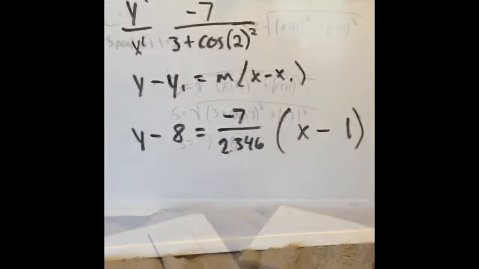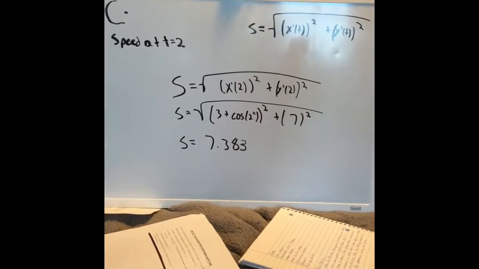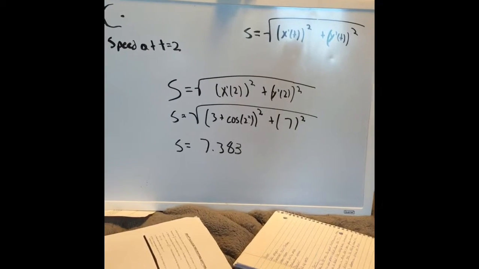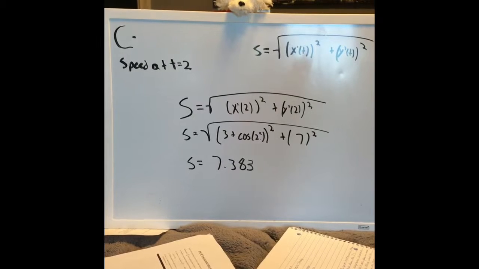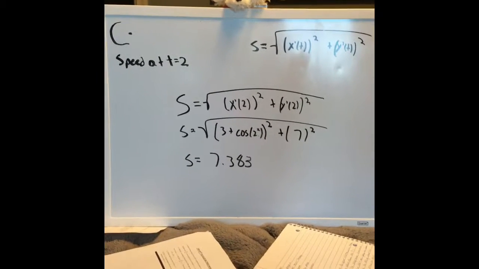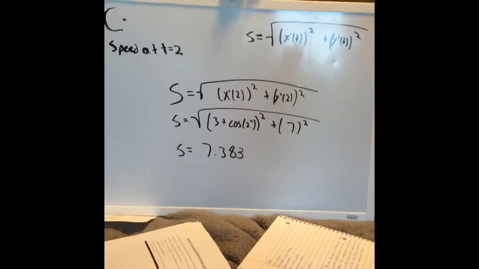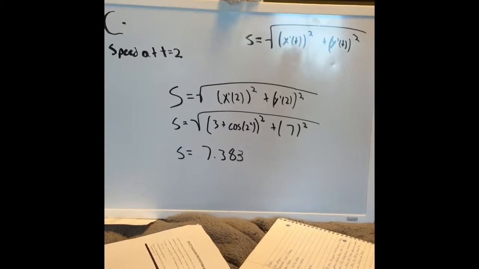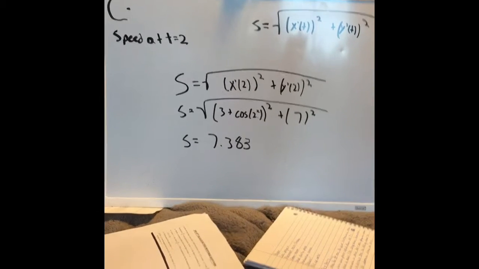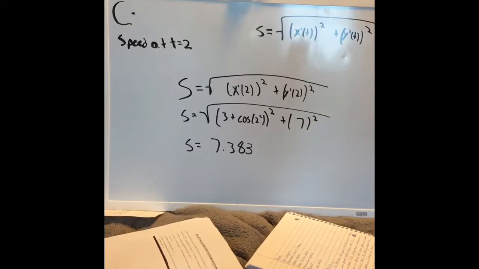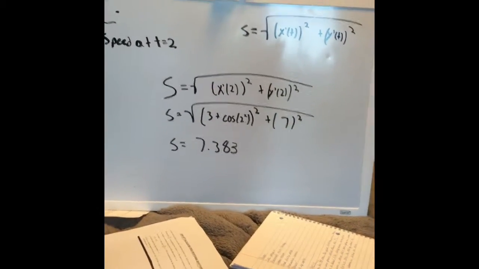That's part B. Part C is asking you to find the speed of the particle at time t equals 2. As we know, the equation we use to find the speed in parametric is s equals the square root of x prime of t squared plus y prime of t squared. And as we know from earlier in the problem, y prime at t equals 2 is defined as negative 7.